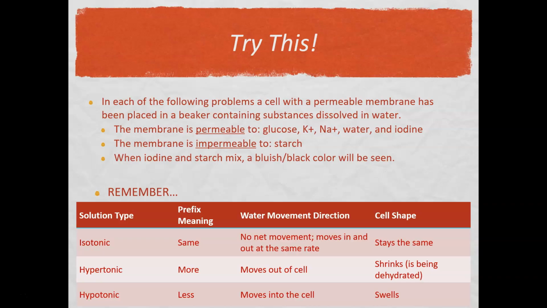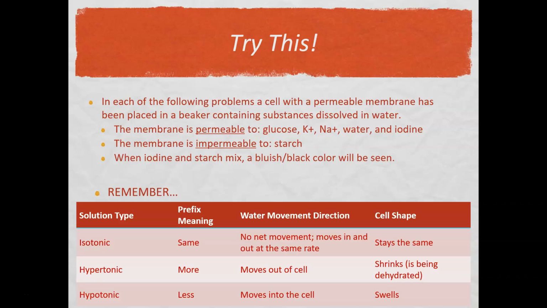If I have 10 molecules of water moving into my cell, then I also have to have 10 molecules of water moving out, and so if I balance out what's on either side of the cell, it basically nets or results in zero. There's nothing being added, there's nothing being taken away. And as a result of that, your cell shape is going to stay the same.